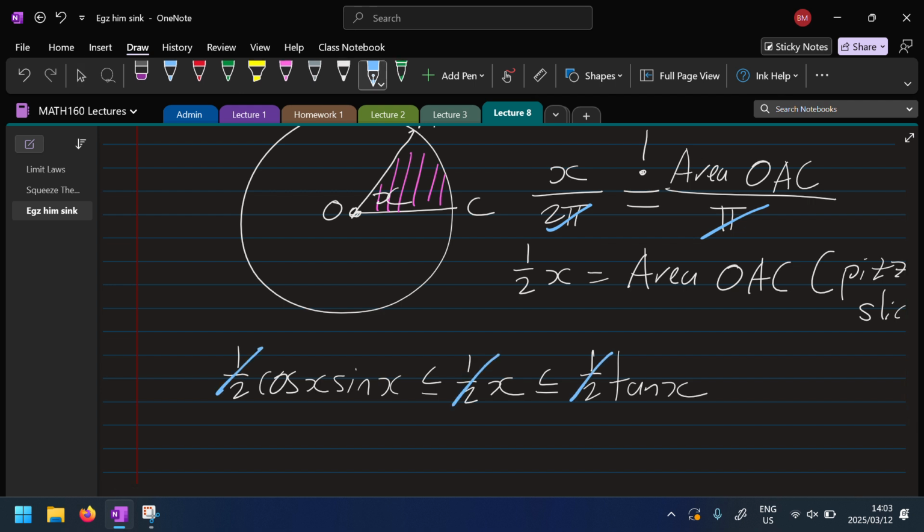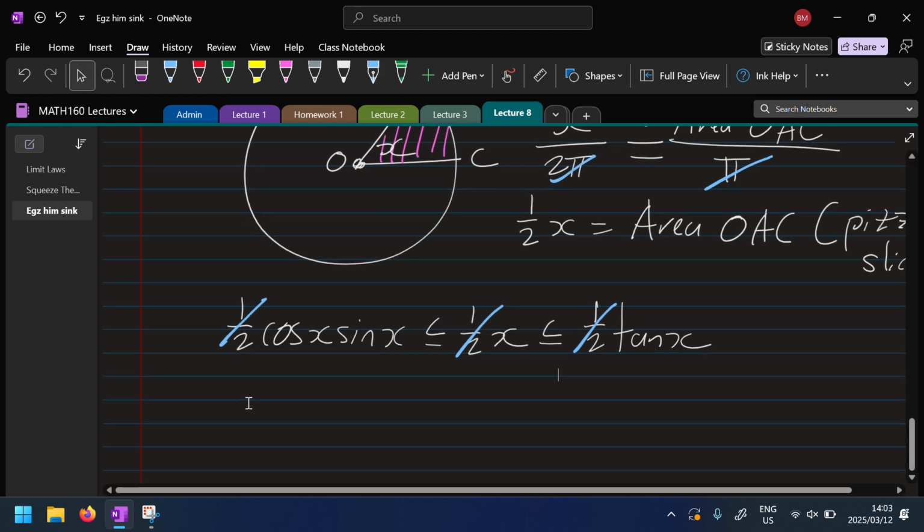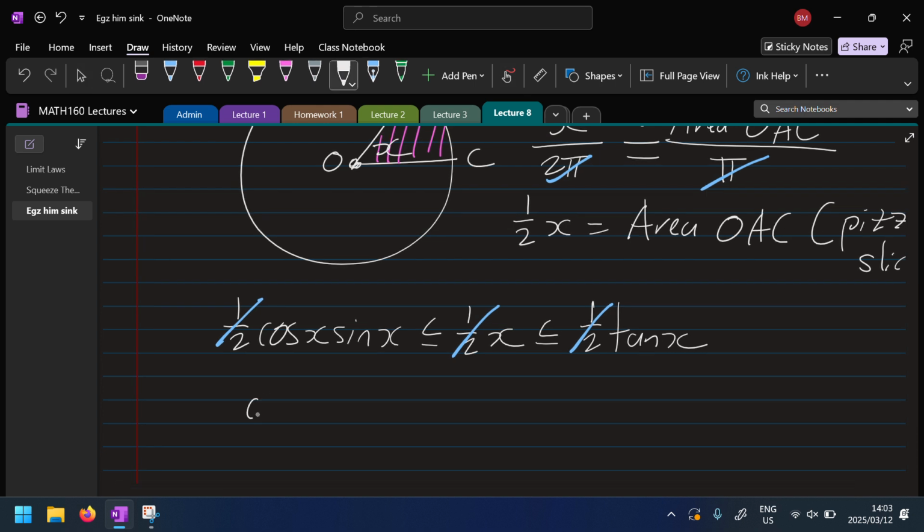Next, tan we can write as sine over cos. Now we've got sine x on either side.